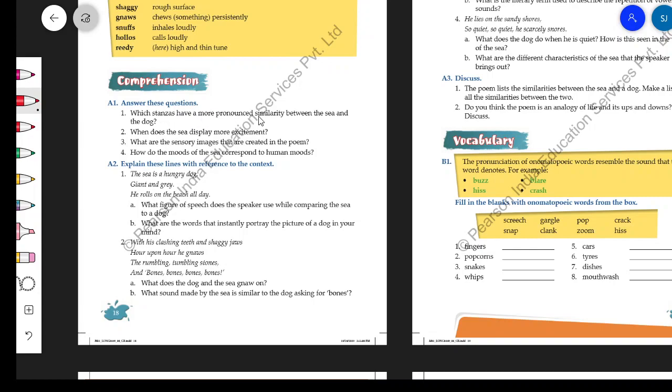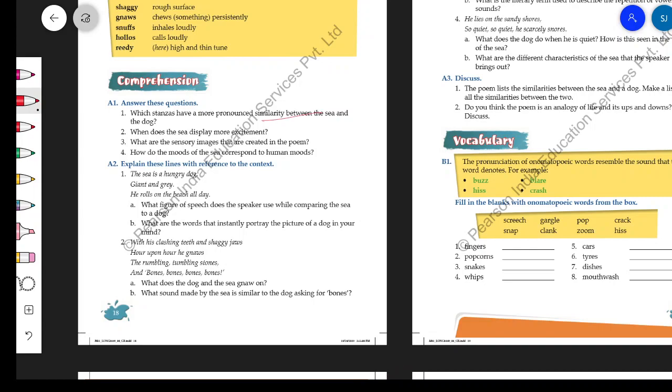Which stanzas have a more pronounced similarity between the sea and the dog? पोएम में कौन से ऐसे स्टेंजास हैं जिनमें कि सी और डॉग की सिमिलैरिटी ज्यादा साफ साफ दिखती है. Now when you're responding to this question, you have to remember that this entire poem is a metaphor.